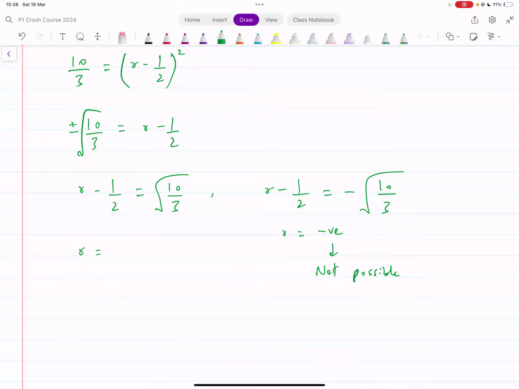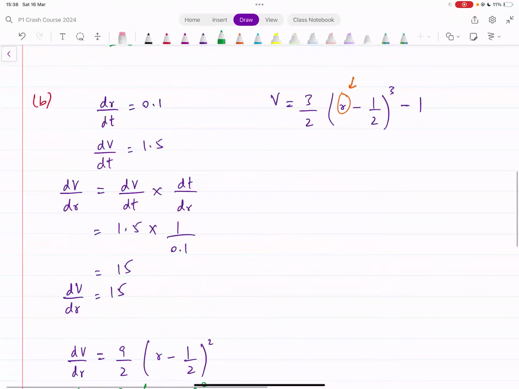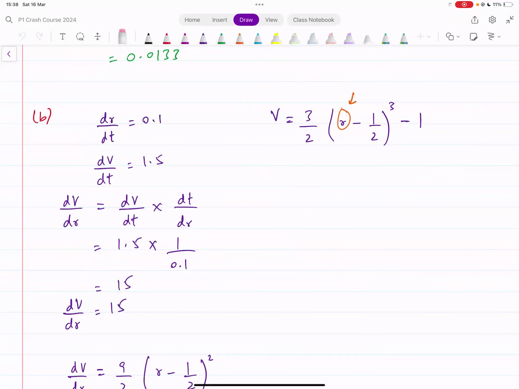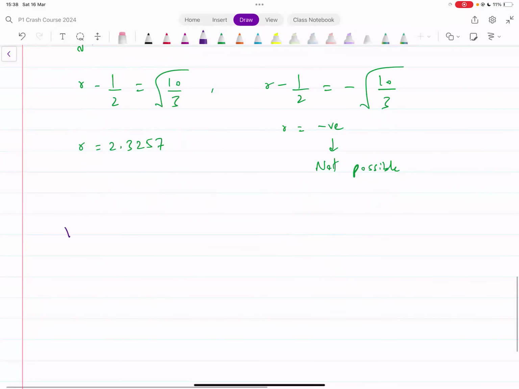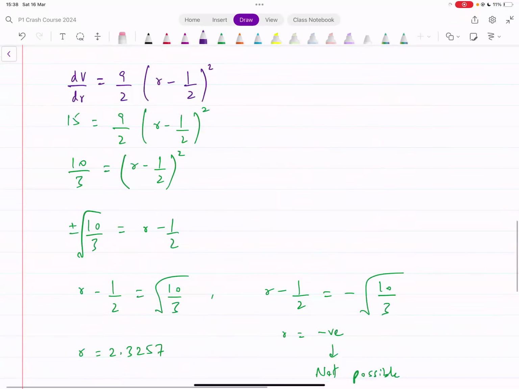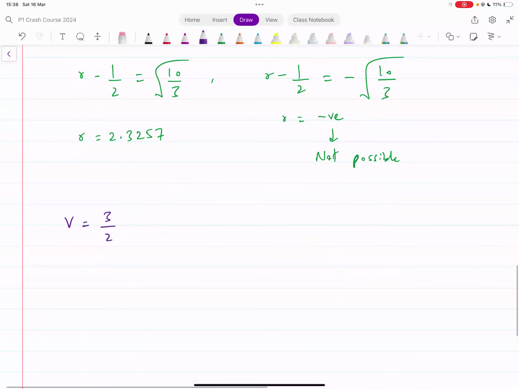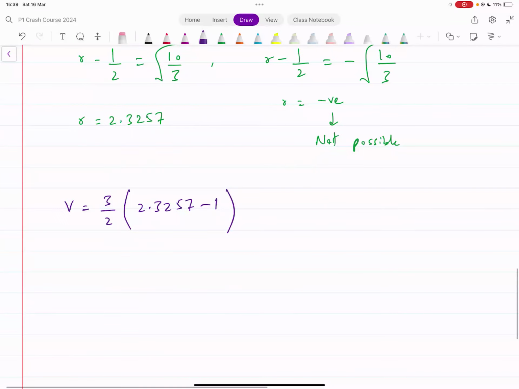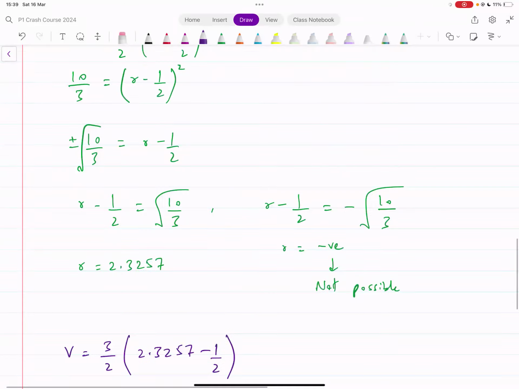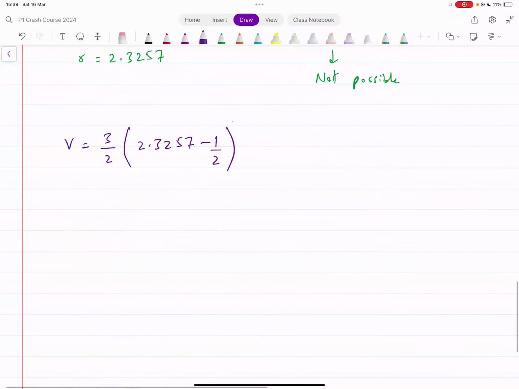Okay, so I'm getting 2.3257 from this. This is the value of r that we're now going to input in this equation, and that will give us the corresponding volume that we were looking for. And V turns out to be 3 over 2 into (r minus 1 over 2) whole cube minus 1, with r as 2.3257.